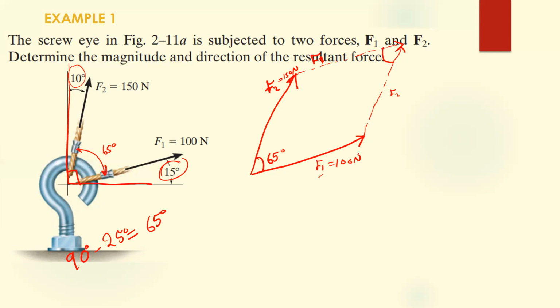Okay, let's try to do this. Because we know the summation of all angles in a quadrilateral, in any four-sided polygon, is supposed to add up to 360.